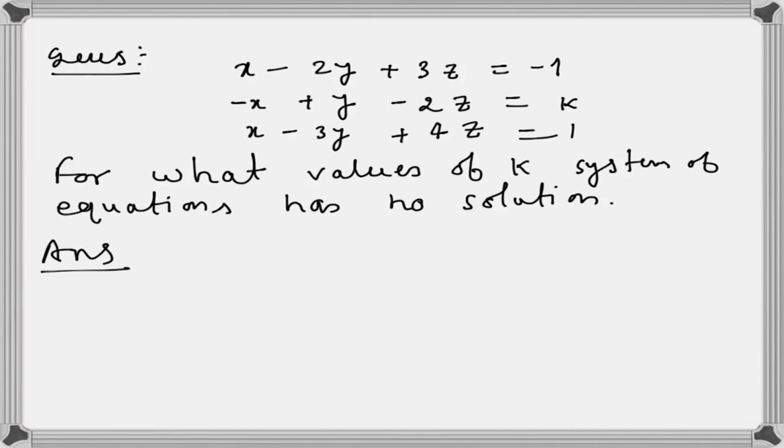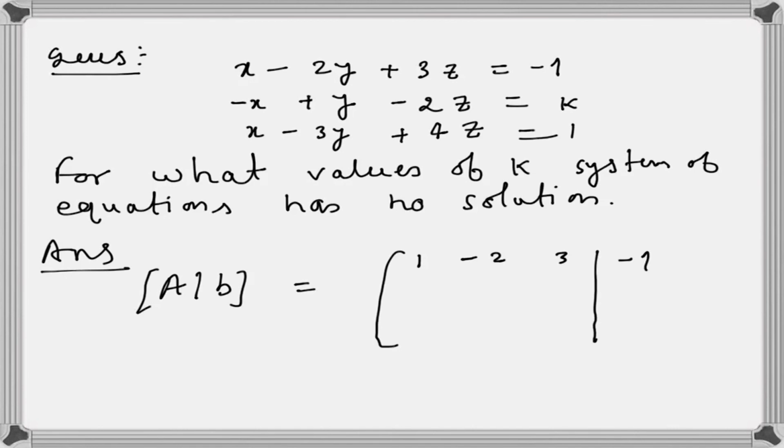Consider the augmented matrix AB, where A is 1 minus 2 3, minus 1 1 minus 2 k, 1 minus 3 4 1. So let's reduce this system.